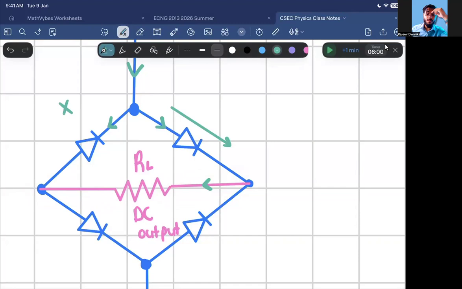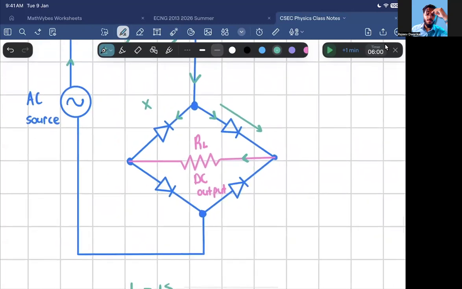When it's in forward bias, current is being conducted, and it'll go to the load.